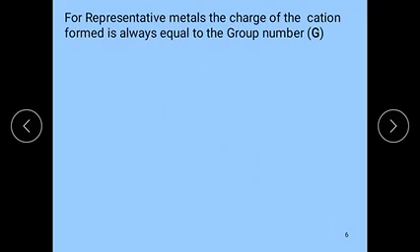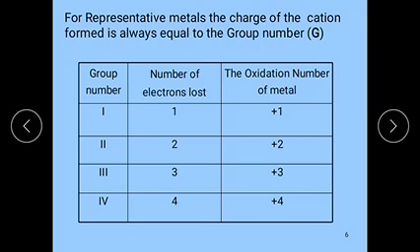For representative metals, the charge of the cation formed is always equal to its group number.